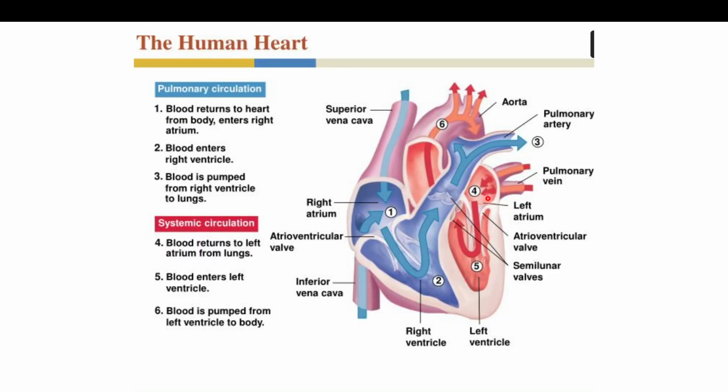The blood flow is regulated at this point from the left atrium to the left ventricle, and then blood is pumped from the left ventricle to the rest of the body via the aorta. So all the deoxygenated or impure blood comes from the body into the right atrium via the superior vena cava, and then pure or oxygenated blood is pumped from the left ventricle via the aorta to the rest of the body.